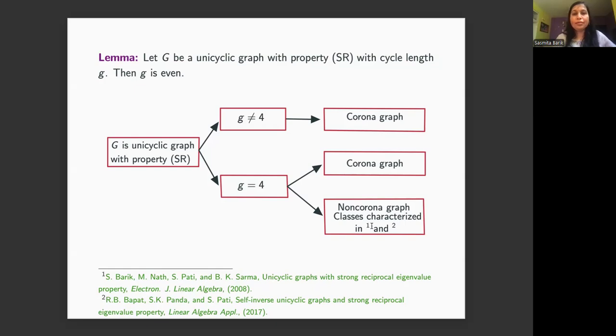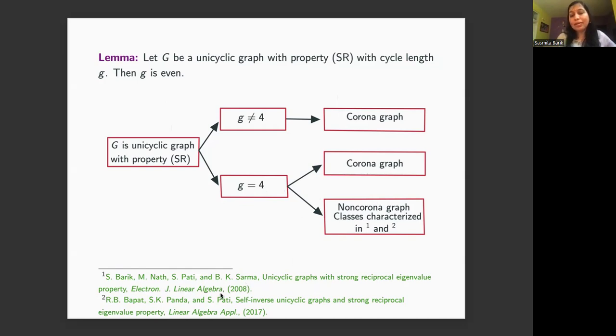If you look, it's unicyclic, so there is a 4-cycle, and then some tree structures are attached, and they are very similar to, obviously, corona kinds of trees being attached. Okay, so this is the situation: G is a unicyclic graph with property SR. Then this will happen: either it's a corona, or if it has a 4-cycle, then it will be a corona or such a kind of graph structure. But the complete characterization is not known.